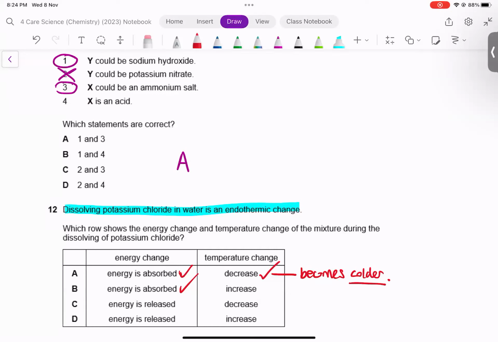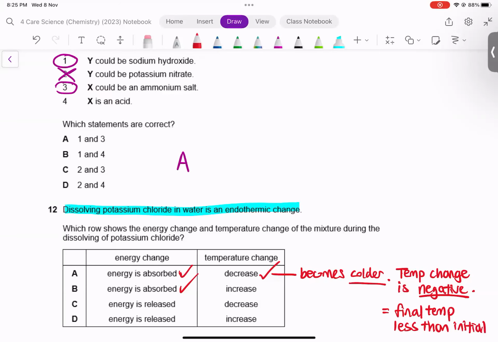Next, if it becomes colder, we say the temperature change is negative. Temperature change is negative. What does this mean? It's negative temperature change when the final temperature is less than initial temperature.